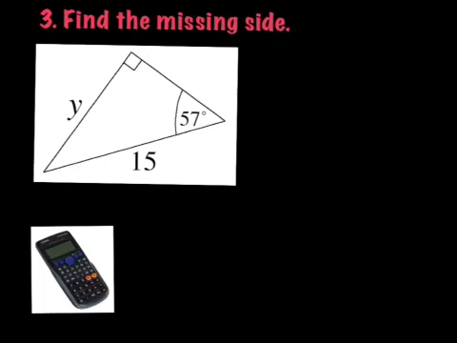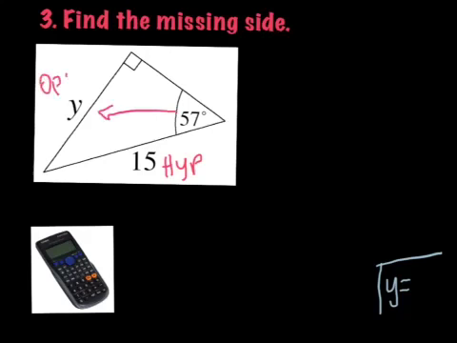Okay, so we're trying to find y this time, so let me go ahead and put a spot for my answer before I forget. Y equals. Okay, so we need to label our sides. 15 is our hypotenuse. Across from the 57 degrees is our opposite side. And then this one would have to be adjacent.